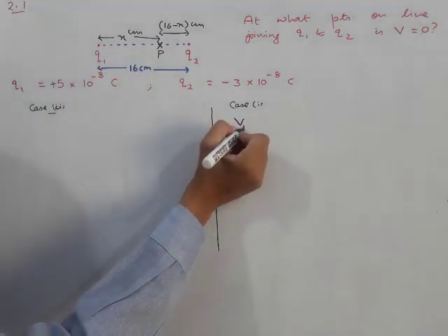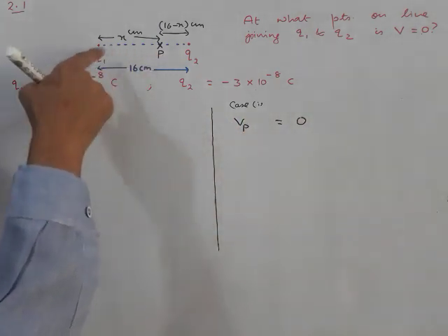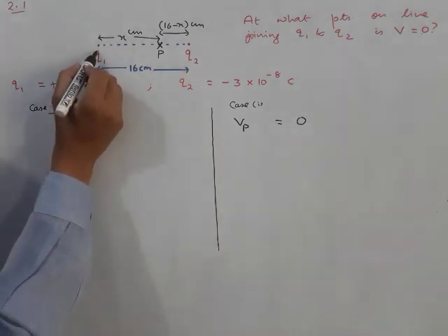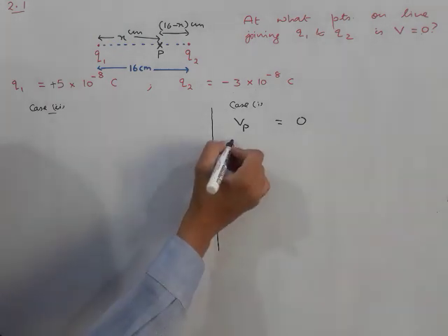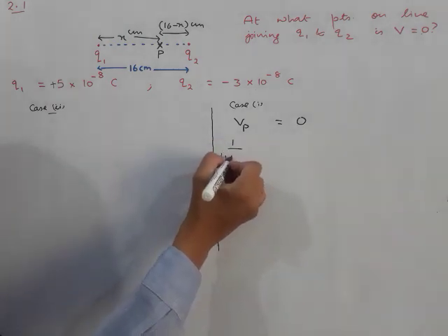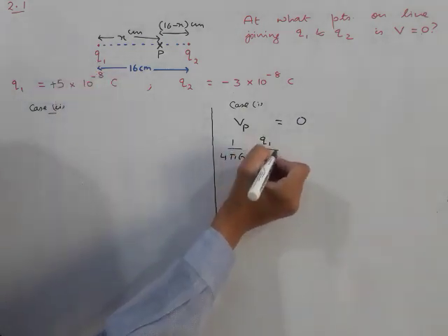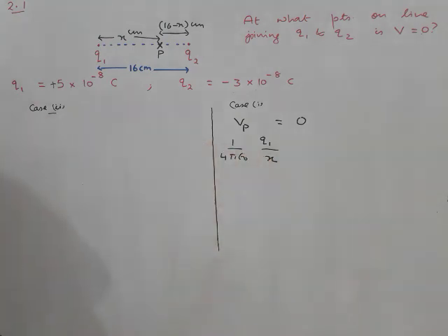So potential at point P is how much? That is 0. Now at P, the potential is due to Q1 as well as Q2. Now tell me, students, what should be the value of potential at P due to Q1? It should be 1 upon 4 pi epsilon naught, this charge Q1 upon this distance. What is this distance? x.